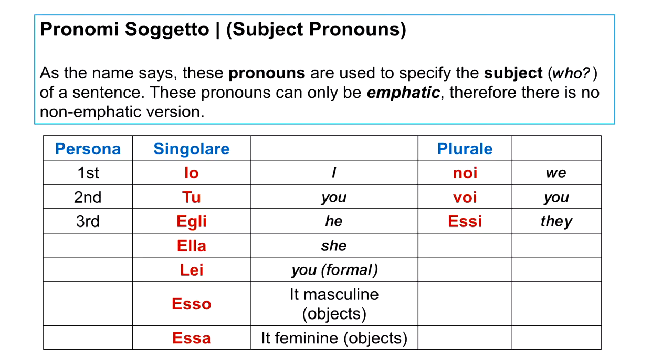Now, here's where I noticed the difference. When I was growing up in Italy, I was taught that the singular third person, the equivalent to the English he, is the pronoun egli.